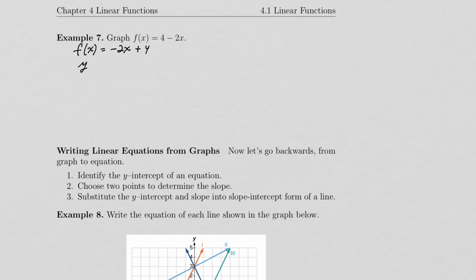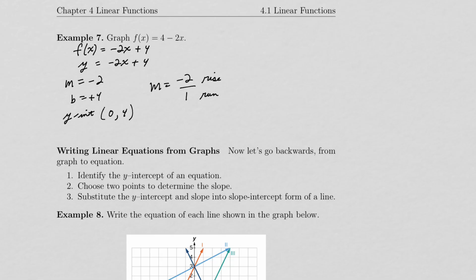So that has the form y equals mx plus b, where m in this case is negative 2, and b is positive 4, which means the y-intercept is 0, comma 4. And for the slope, you can think of this as negative 2 over 1. So negative 2 is the rise, and 1 is the run.